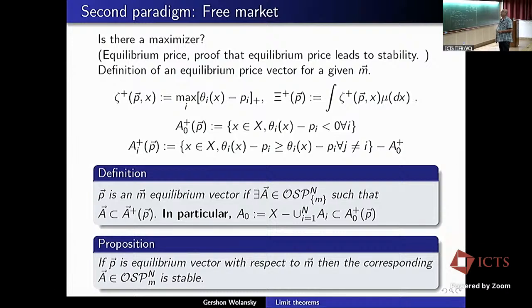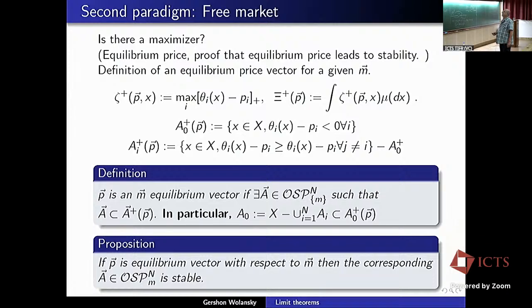Generally, it's not open, but it is a partition. A0 plus will be the set of all points where the commodity minus the price is negative, so this one will not be partial to any of the buyers.